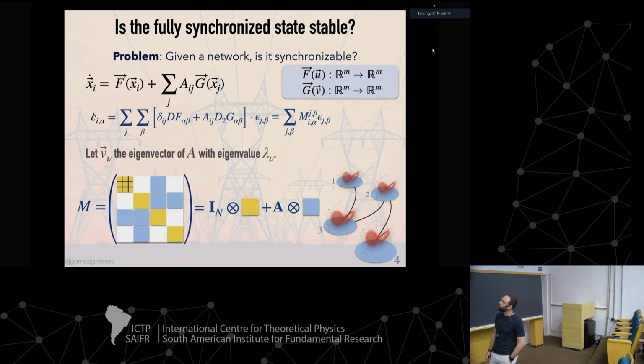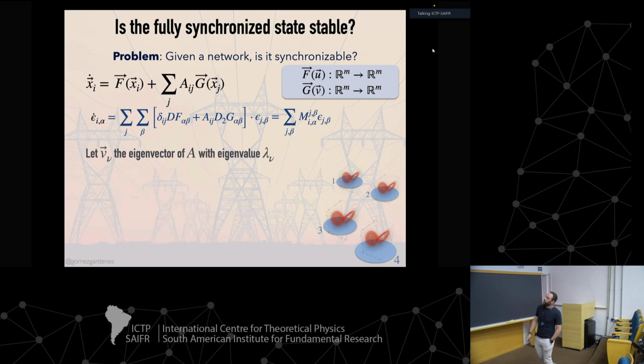Now imagine that we have the adjacency matrix, and we know an orthonormal basis of eigenvectors of this adjacency matrix. Obviously, this adjacency matrix has n eigenvectors, with eigenvalues lambda nu. This is the expression of one of the eigenvectors and the corresponding eigenvalue. Now we can check the alpha component of each node.